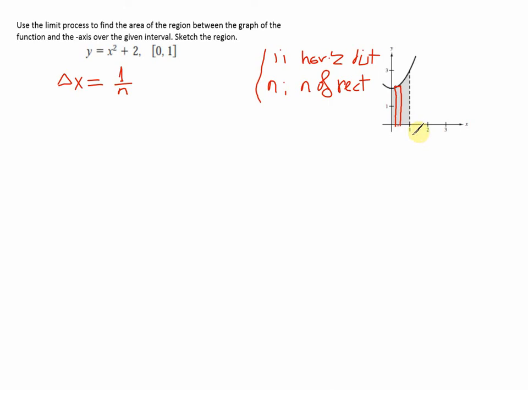If we consider the point 1 itself, what is the height of the rectangle which exists at 1? Of course, the height is f of 1. If we consider the point half, f of half is the height, because f of x gives us the vertical distance.